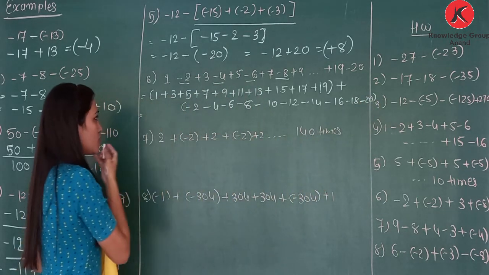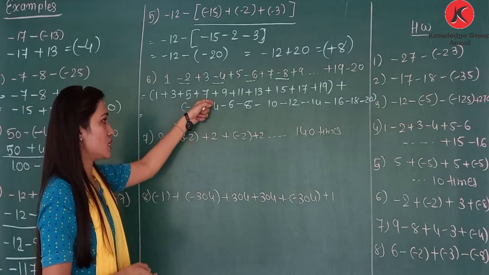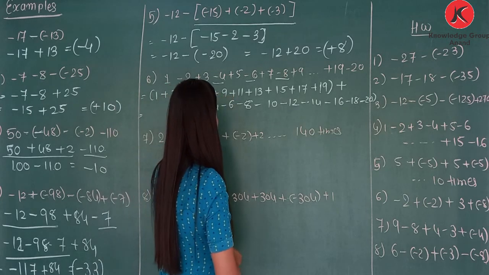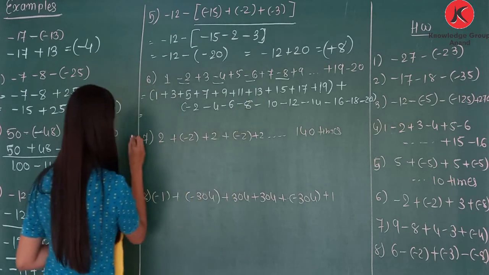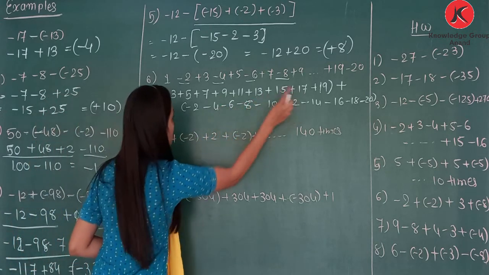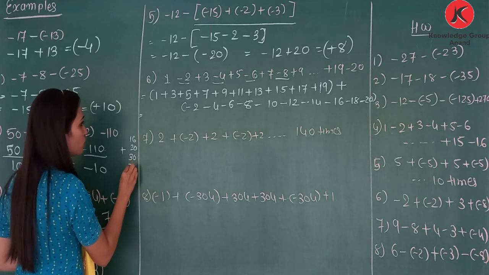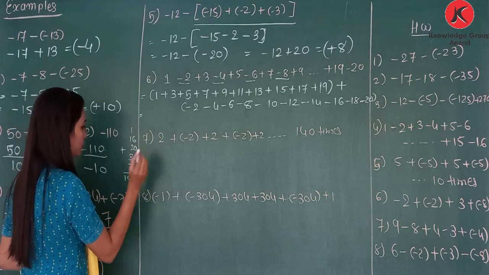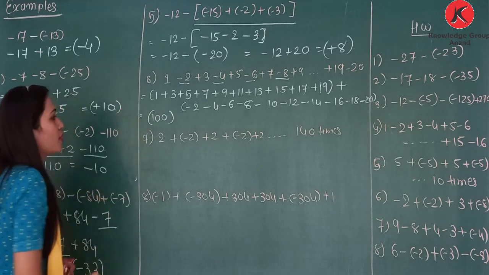Now add all these numbers. So 3 plus 1, 4 plus 5, 9. 9 plus 7, 16, plus 9, 25, 36, 49, 64, 81. So here the sum of the first ten odd numbers is 100.